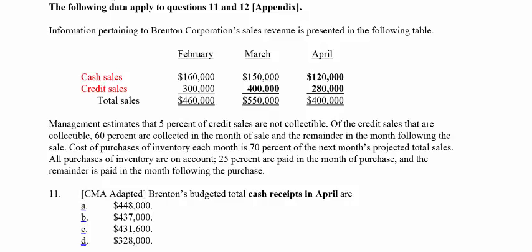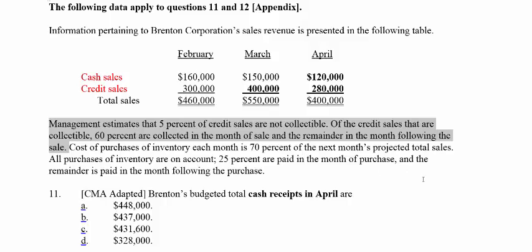Based on our information, here are the parts that have to do with cash receipts. We have so much sold in cash sales and the remainder are on account. Management estimates that 5% of the credit sales are not collectible. So that means 5% times credit sales is uncollectible, and the remaining 95% of credit sales are collectible.